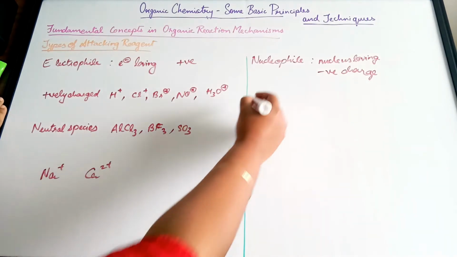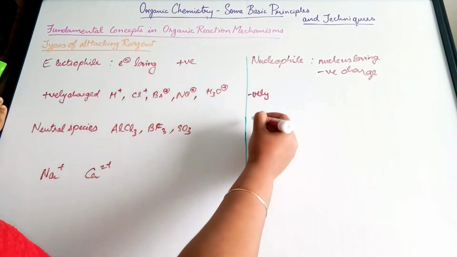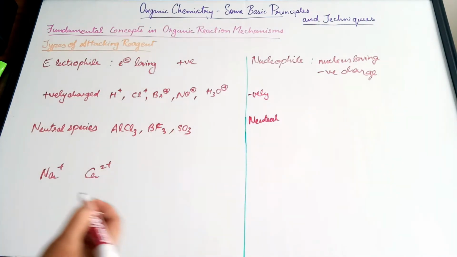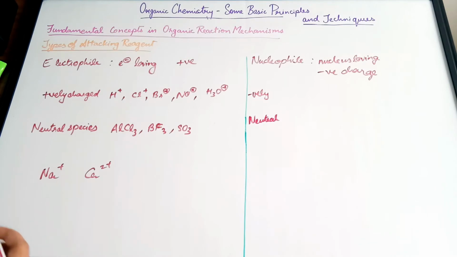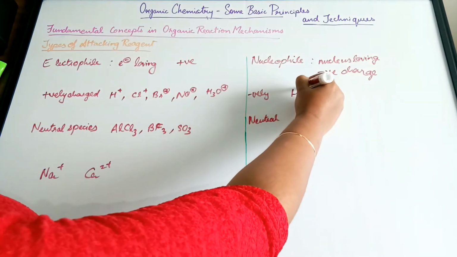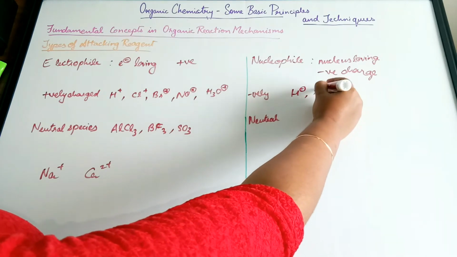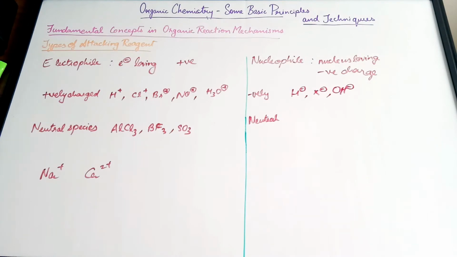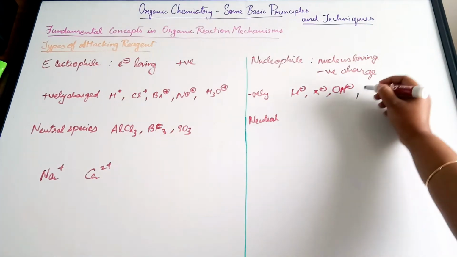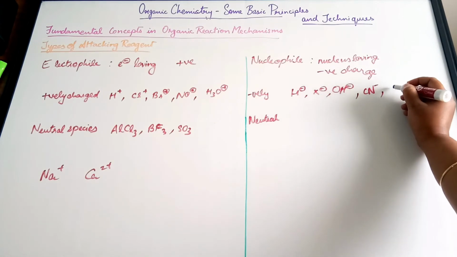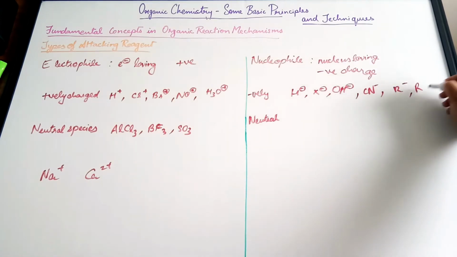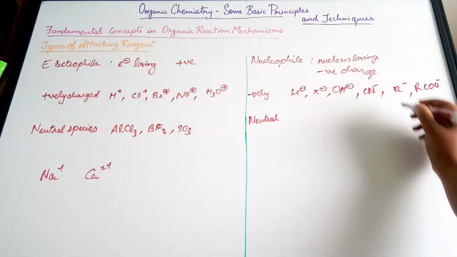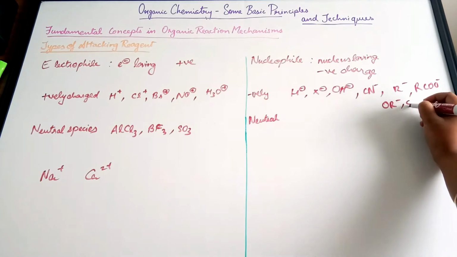These can be negatively charged or they can be neutral, but basically they attract the nucleus. Examples are H minus, X minus, the halogens, OH minus, CN minus, and then R minus, that's a carbanion, RCOO minus, basically a carboxylic acid without an H, OR minus, SR minus.